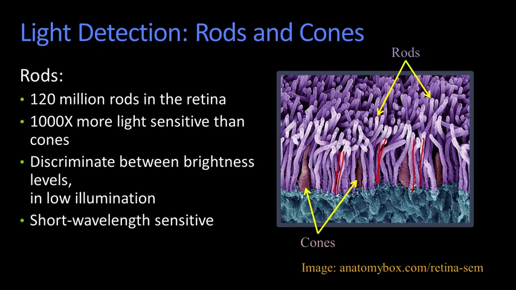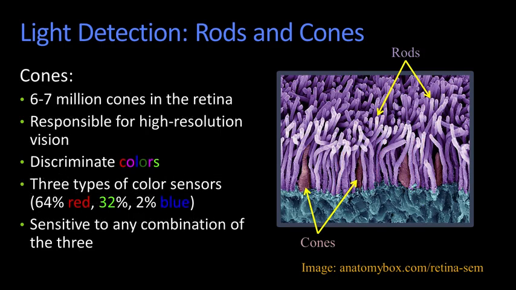The other structures here are the cones, and we've actually seen these before. The cones are the things that allow you to discriminate color, and we talked about them when we talked about the short, medium, and long wavelength cones. The cones are also the ones that are packed within what are called your fovea, that is that middle area that has the very high resolution. We'll talk about the impact of that in a minute.